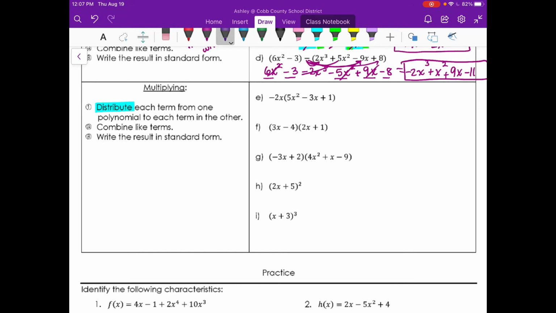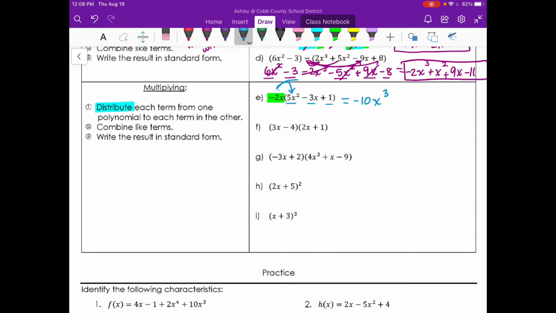Here I have a monomial, one term, times a polynomial that has 3 terms, a trinomial. So I'm going to have to distribute that negative 2x 3 times, once to every term there. Negative 2x times 5x squared is negative 10x to the third.